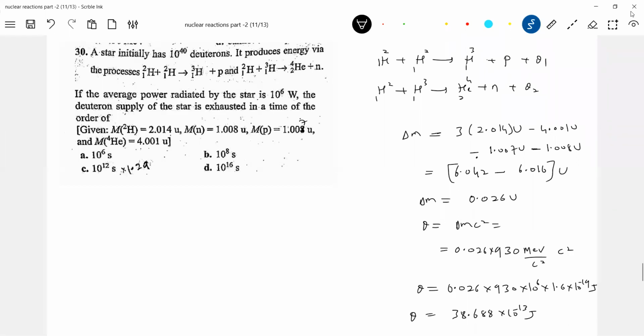So 10 to the power of 40 deuterons are there. Per reaction, what happens? We'll get this much here. How to proceed now?